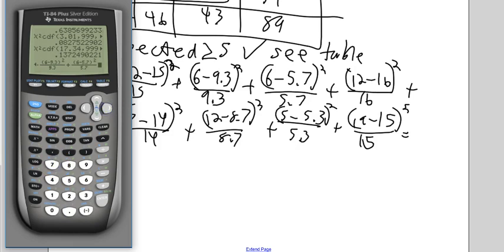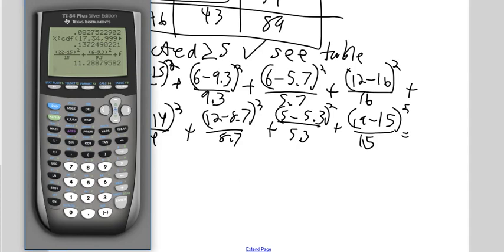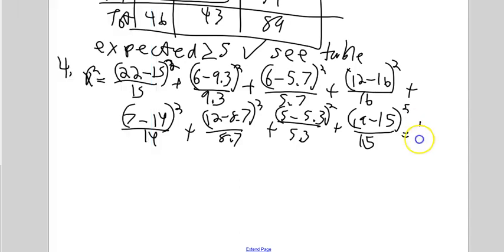Go right, hit plus, repeat. You see what's happening, so I'm just going to hit pause. After we do all that, we had 11.2887, so 11.3. That's our chi-squared number.